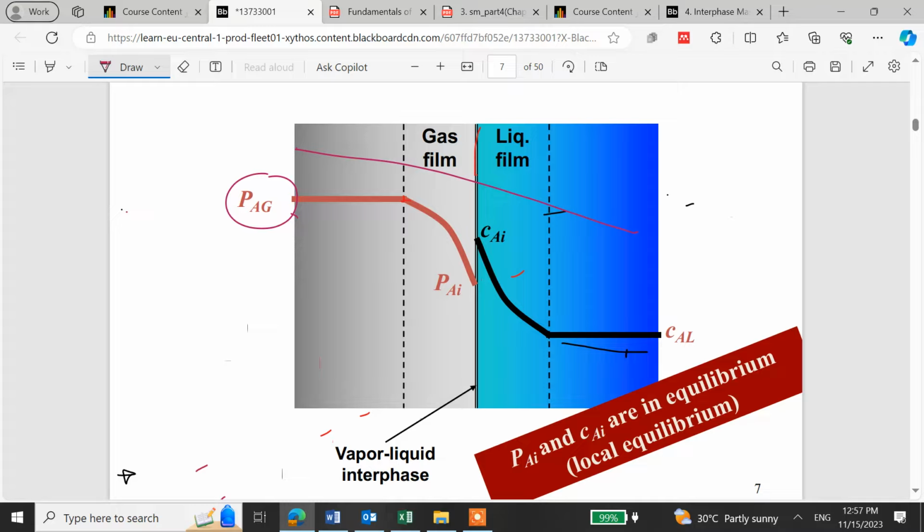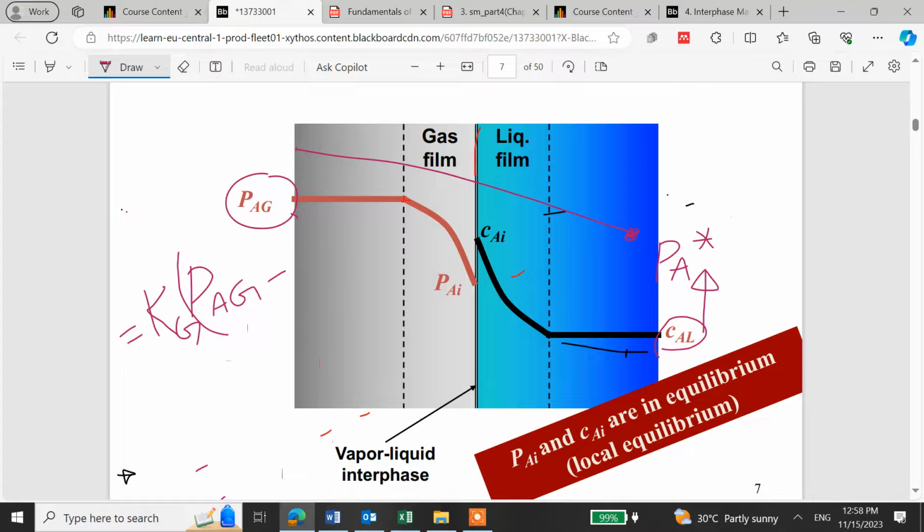In this case the driving force is PAG, the bulk, minus, if we are trying to write in terms of the overall mass transfer coefficient in gas, KG. Now from PAG to this one, from the equilibrium we can get the equivalent concentration with respect to CAL, the bulk concentration.